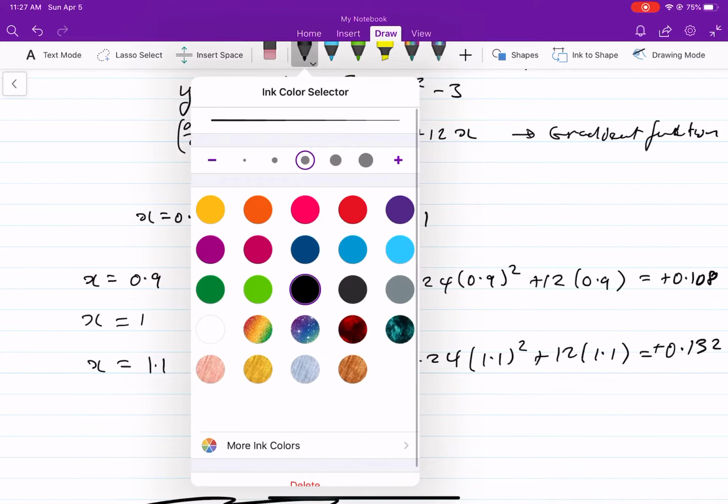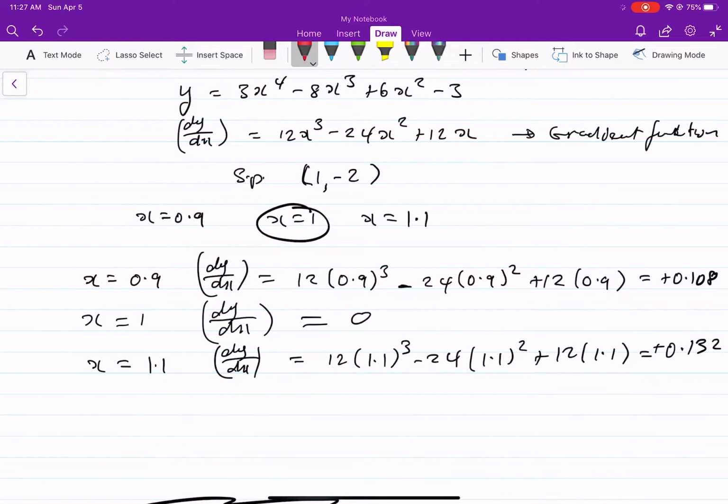Now, here's what I'm looking for. I'm looking for this number, which represents the gradient of the curve just before I get to the stationary point, the gradient of the curve at the stationary point, and the gradient of the curve just after the stationary point. And what do I notice?